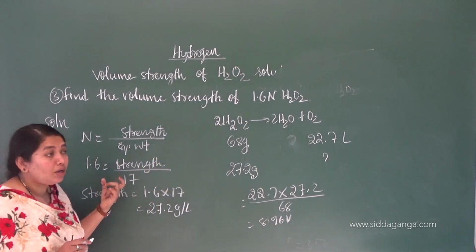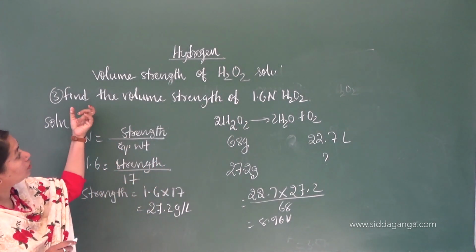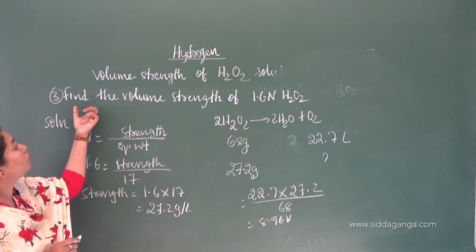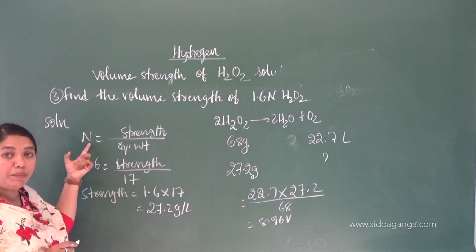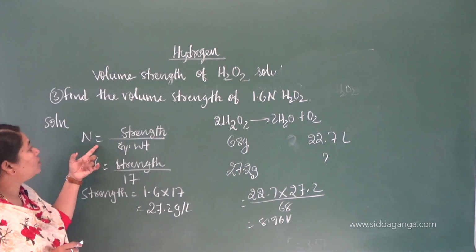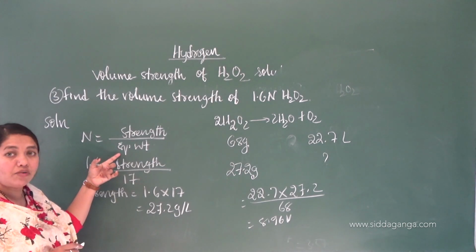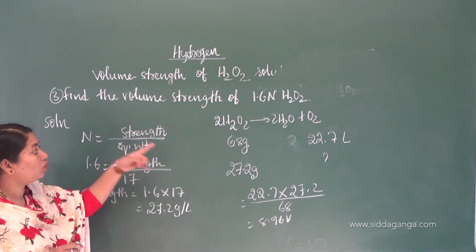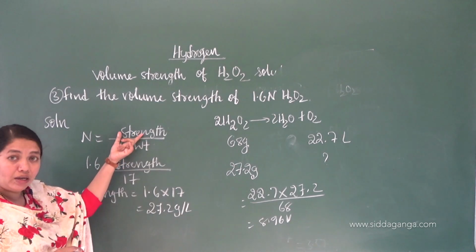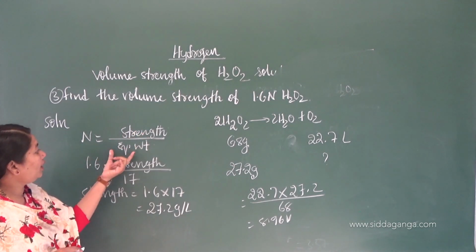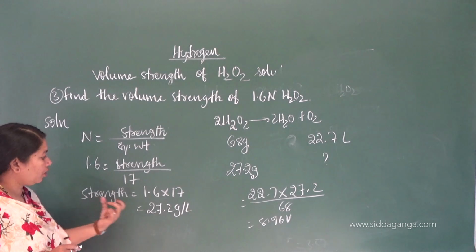Understood this problem? If they give the normality and tell you to find the volume strength, this is how. So you should remember this formula: normality is equal to strength divided by equivalent weight. Substitute the equivalent weight and you get the strength.